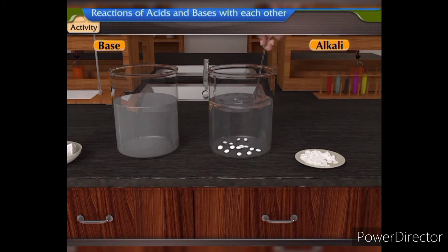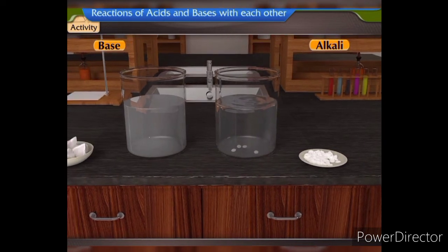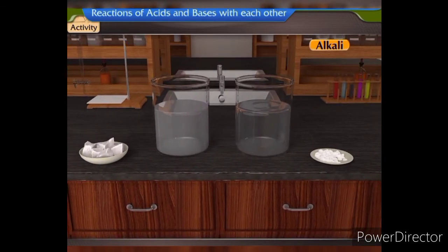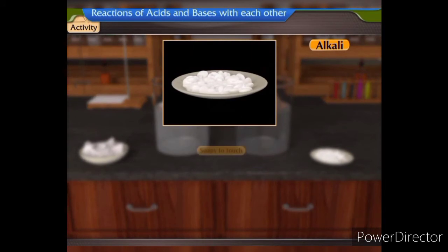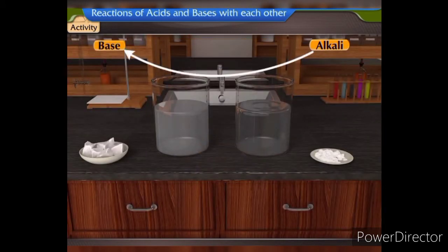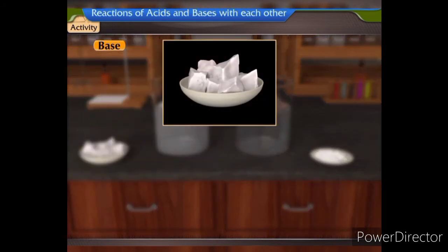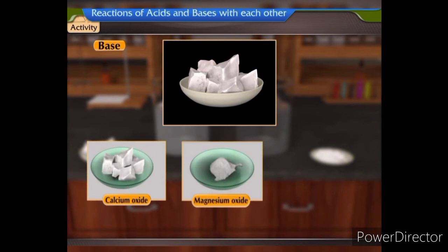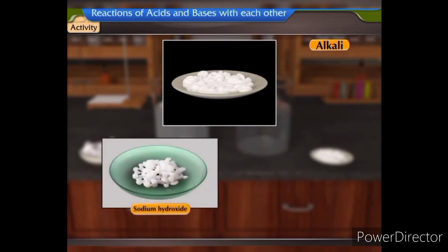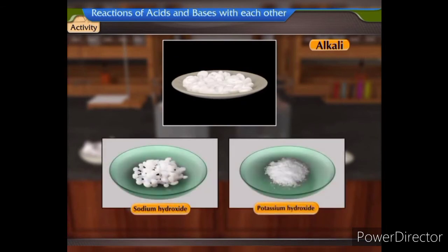The bases which dissolve in water are called alkalis. Alkalis are soapy to touch, bitter to taste, and corrosive. All alkalis are bases, but all bases are not alkalis. Examples of bases are calcium oxide, magnesium oxide, and copper oxide. Examples of alkalis are sodium hydroxide and potassium hydroxide.